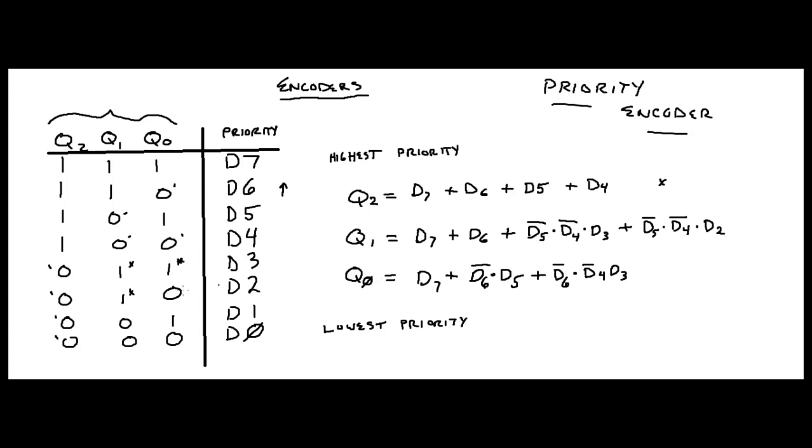Then we have D1. D1, the only thing we have to worry about is Q0, right? This is going to get long. I hope I have enough room to put it all in there. Let's keep going. So D1 is going to be D6 low.